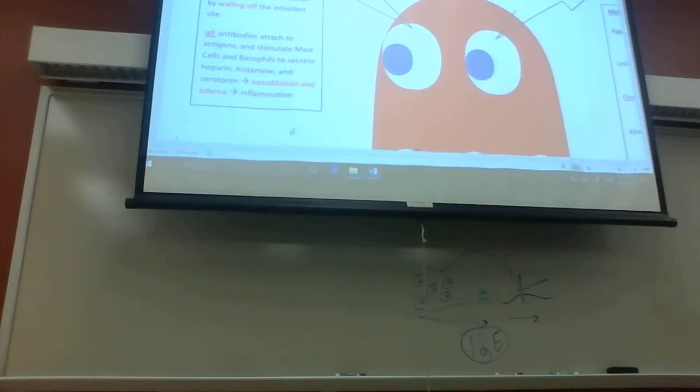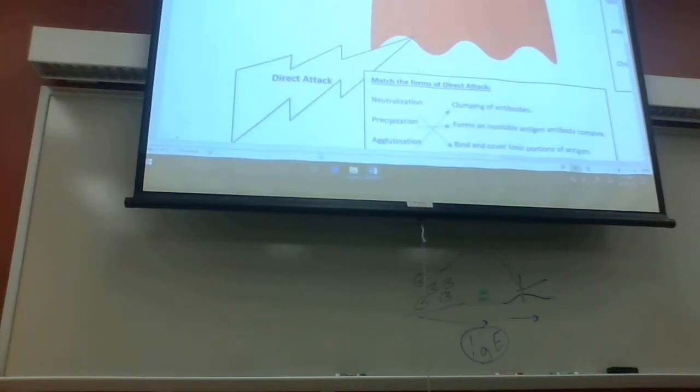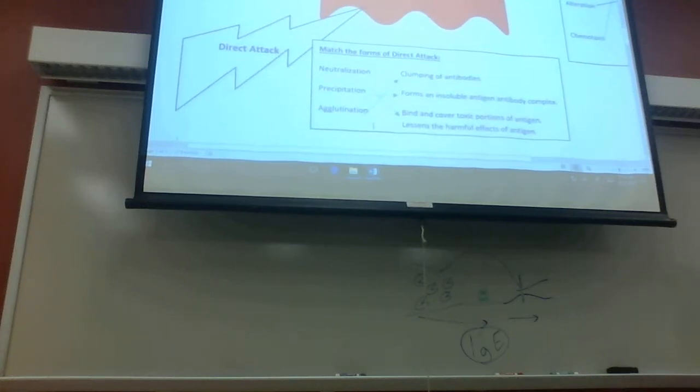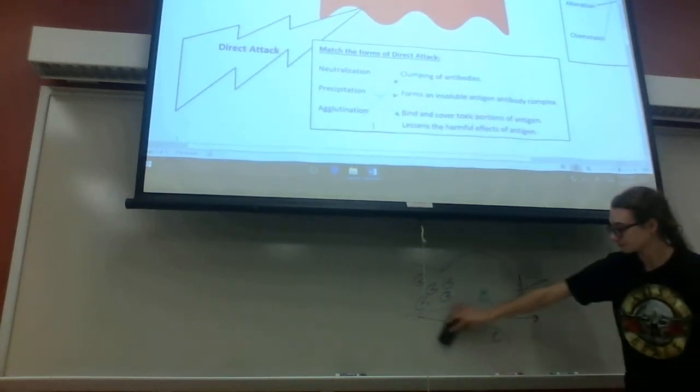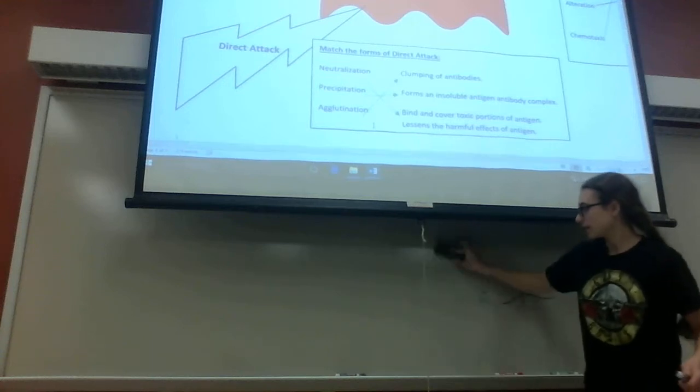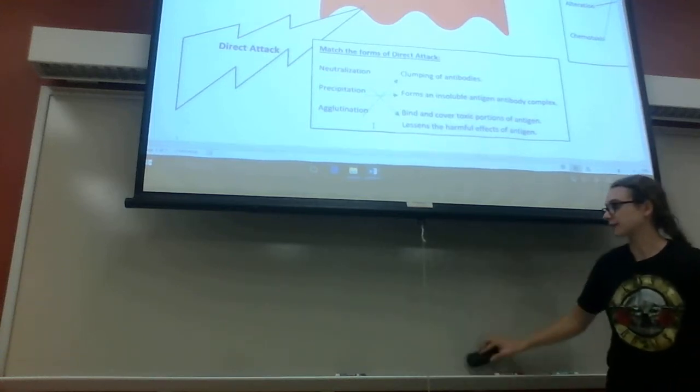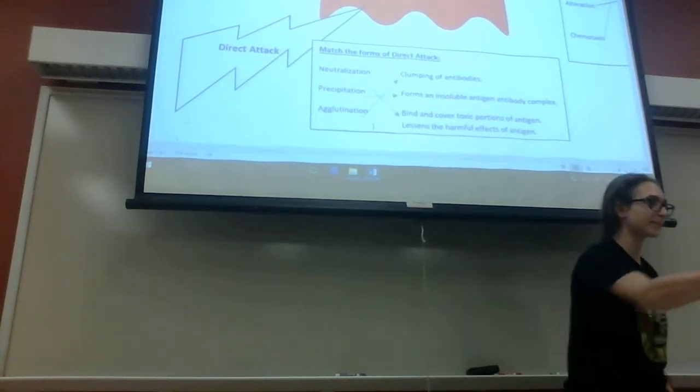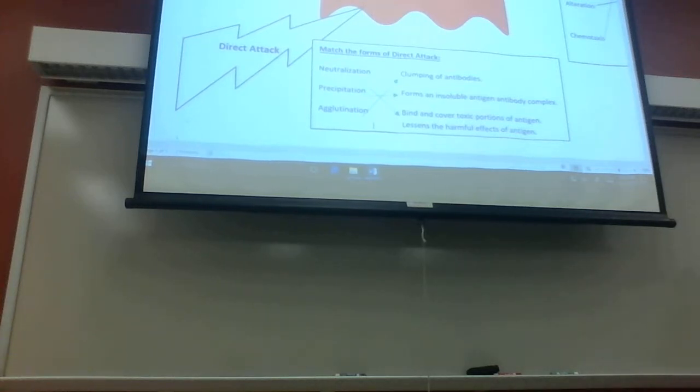No? Okay. Antibodies also work by just directly attacking. So we were talking about humoral immunity. You get that direct attack. It directly goes up and stab, stab, stab, stab. That's what your antibodies do. And there's 3 ways of direct attack. You could have neutralization, precipitation, or agglutination.